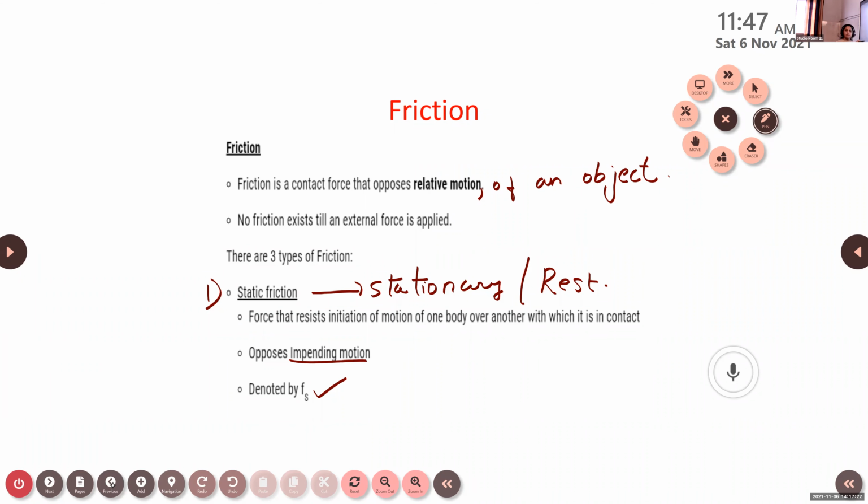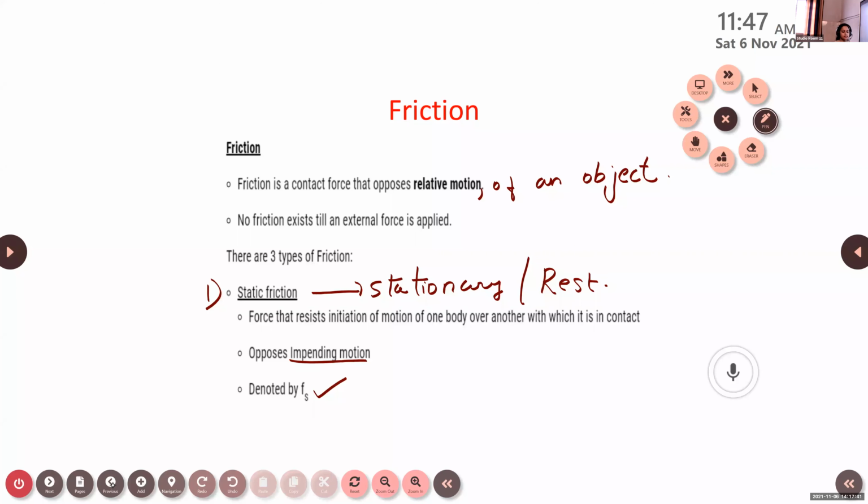That is known as impending motion. And our static friction tries to oppose the relative motion of that object, or tries to keep the object always in a state of rest. Static friction opposes the impending motion.